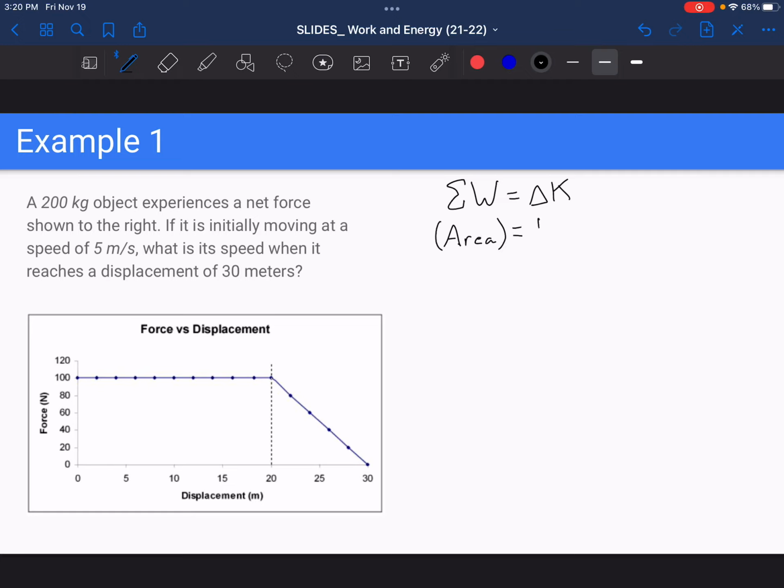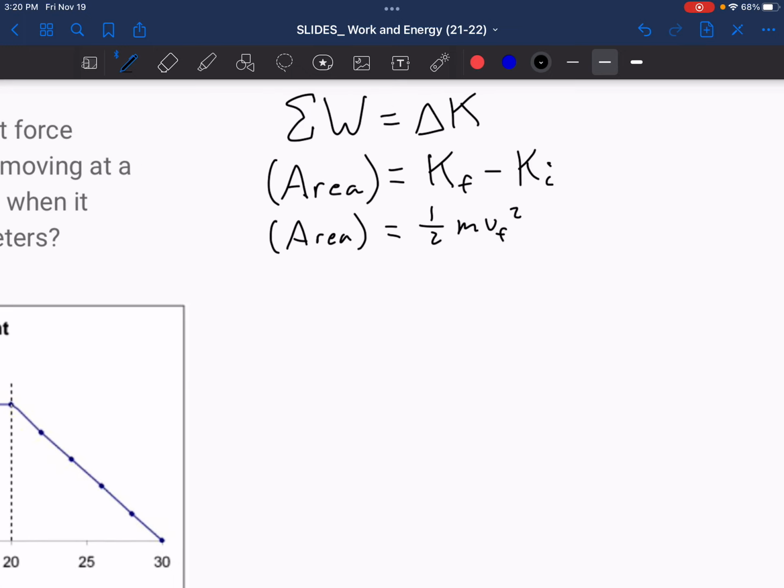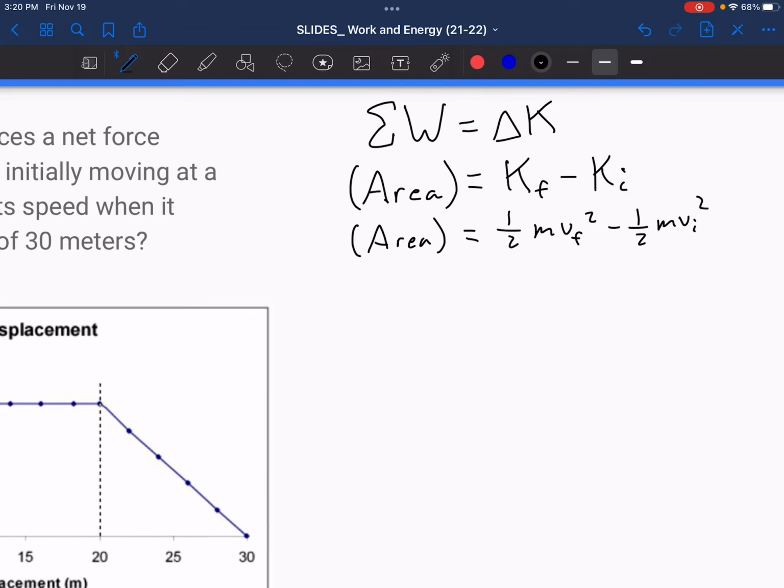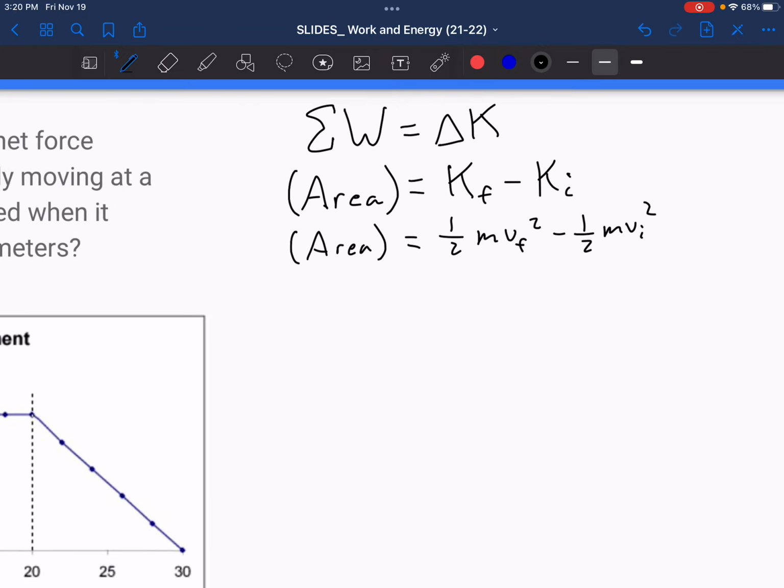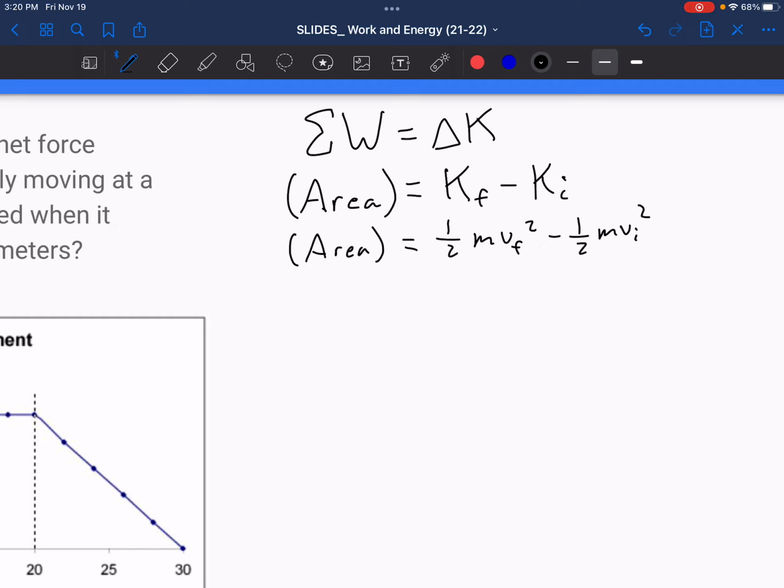And this should equal Kf minus Ki. If we want to work it out a little more, Kf is 1/2 m Vf squared, and Ki is 1/2 m Vi squared. And we are looking for Vf, so that's what we want to solve for.